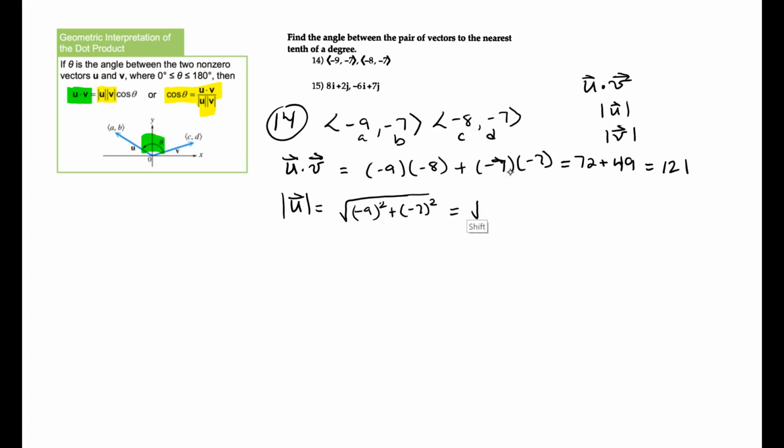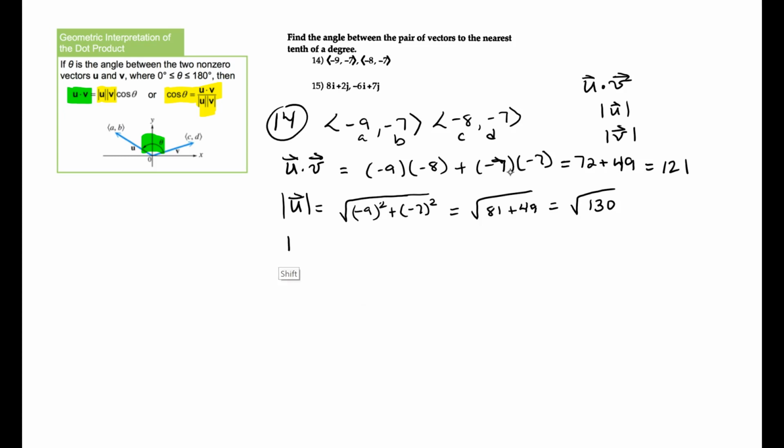So that becomes the square root of -9 squared, which is 81, plus -7 squared, which is a positive 49, and that becomes the square root of 81 plus 49, which is the square root of 130. And don't worry that you don't know what the square root of 130 is. It's not perfect. Just leave it like that, because we're going to utilize our calculator in just a second.